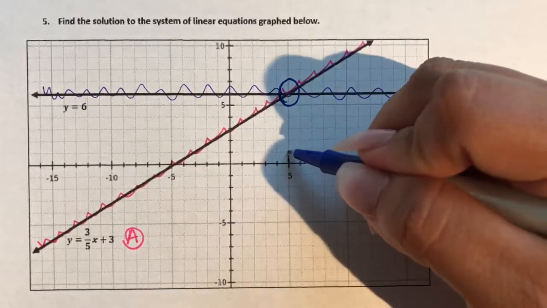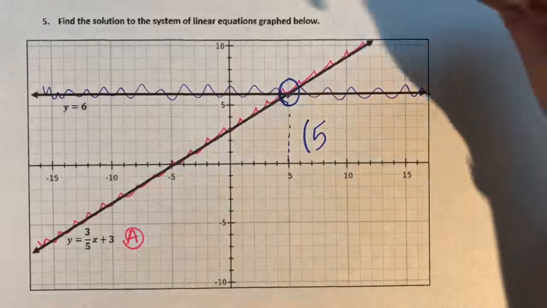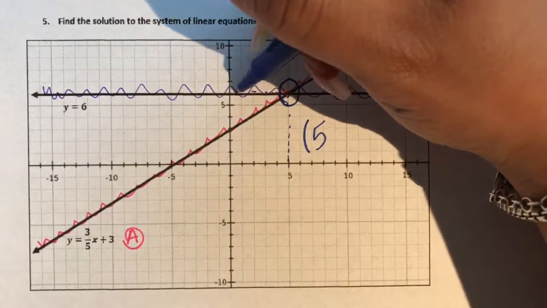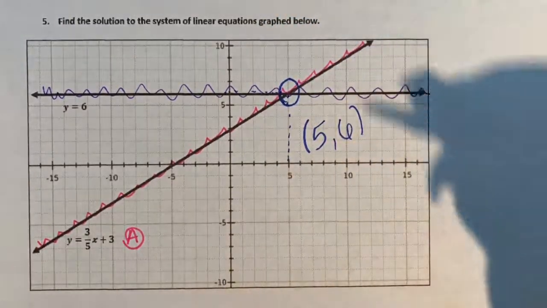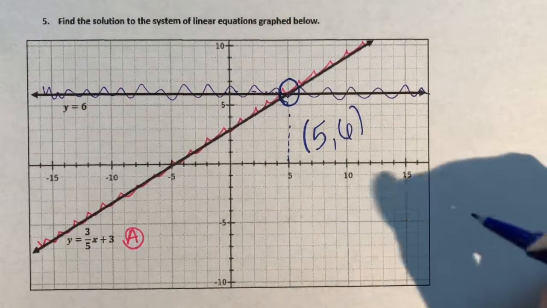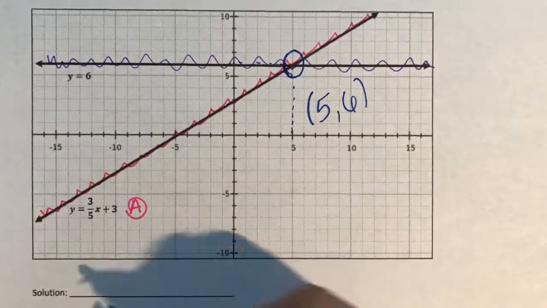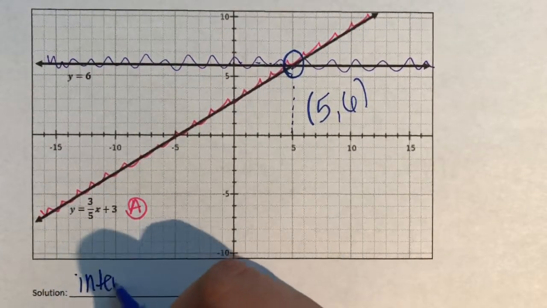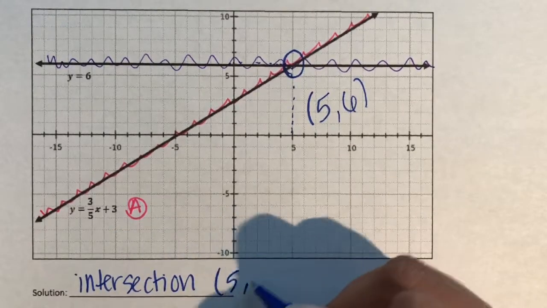So if we're looking at the graph, we have an x of 5 and a y of 6. So the solution is 5, comma 6. We're just looking for the intersection, which is 5, comma 6.